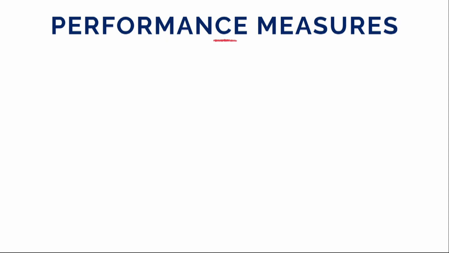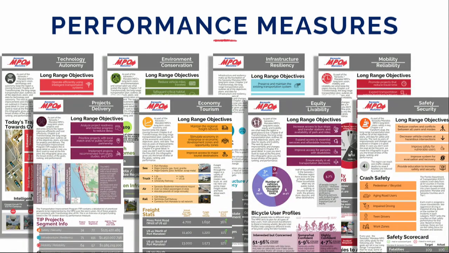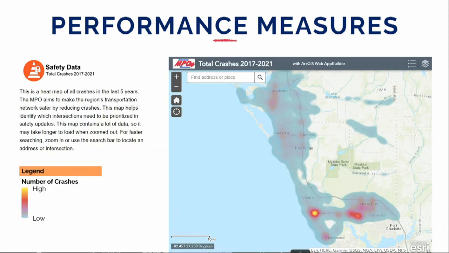We also have a series of fact sheets that were produced back when we were printing things and handing them out at meetings. For each of the performance measures, we produced a fact sheet to help illustrate what those performance measures are, what they meant, and how we are moving towards progress in achieving the performance objectives.